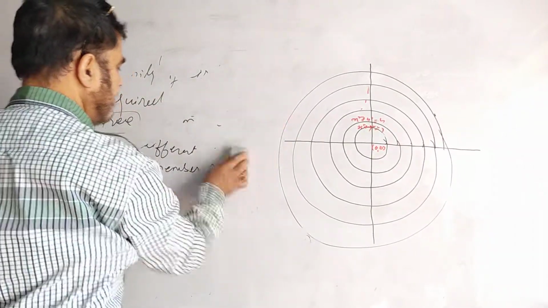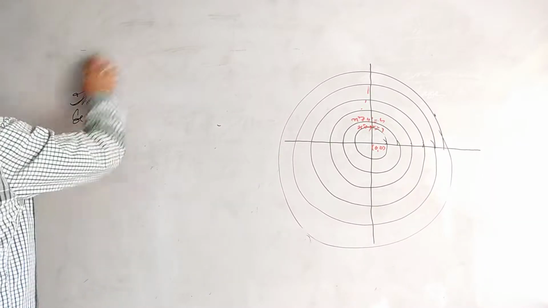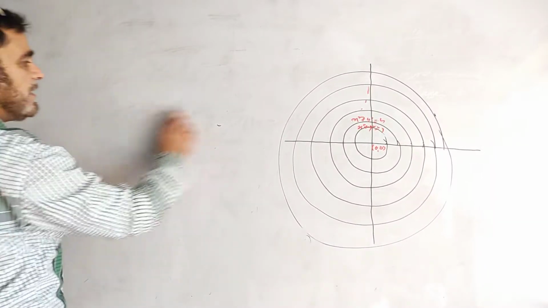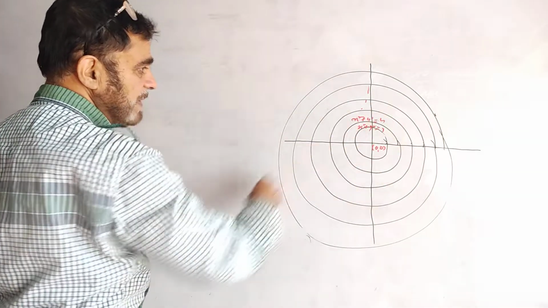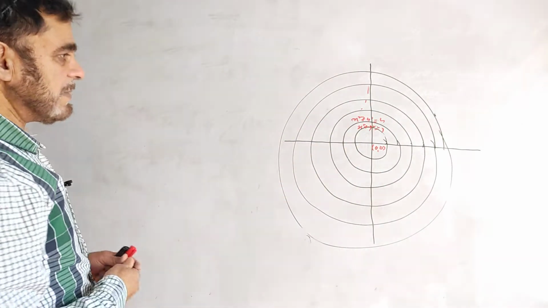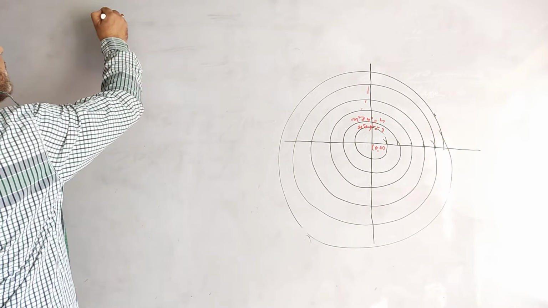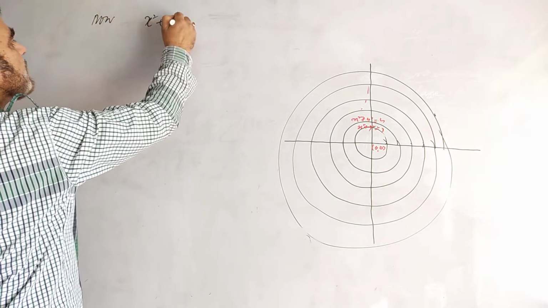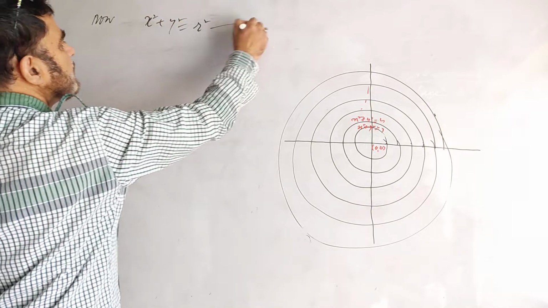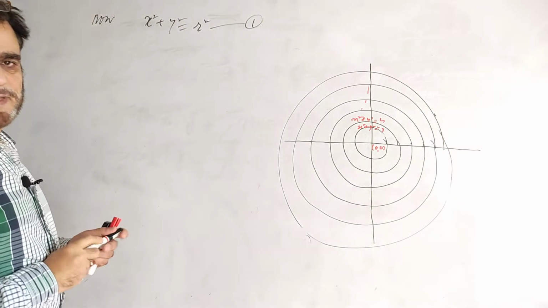I will take the main equation from which I have generated these members. Now take the equation x square plus y square is equal to r square. This was my equation.